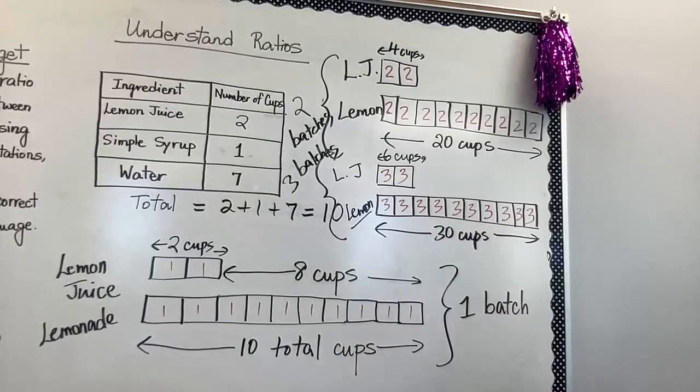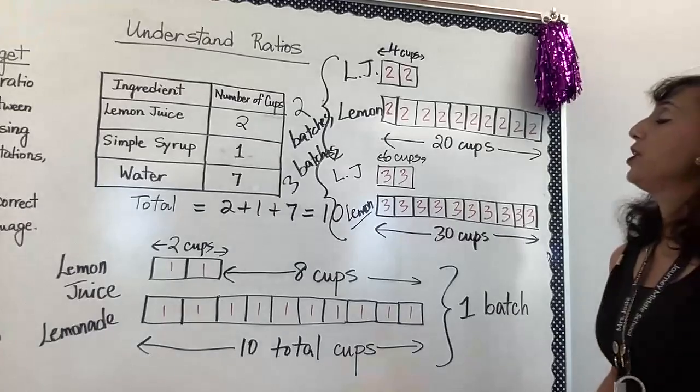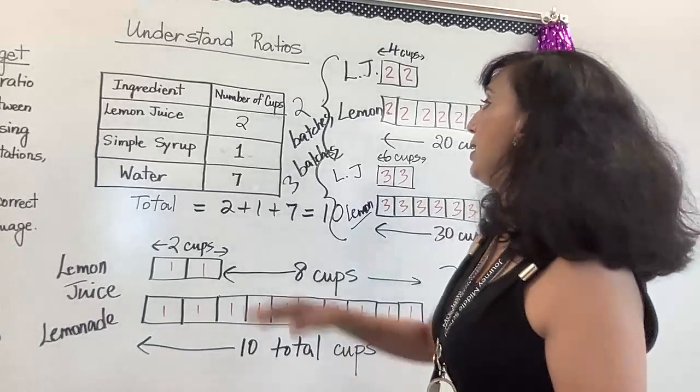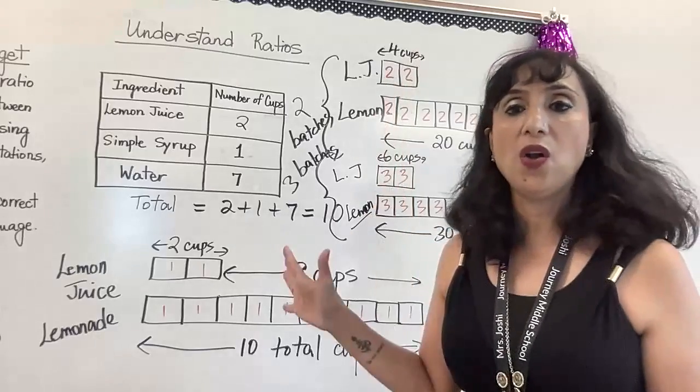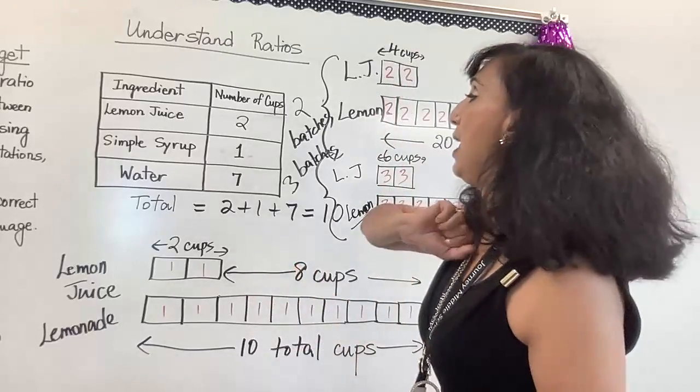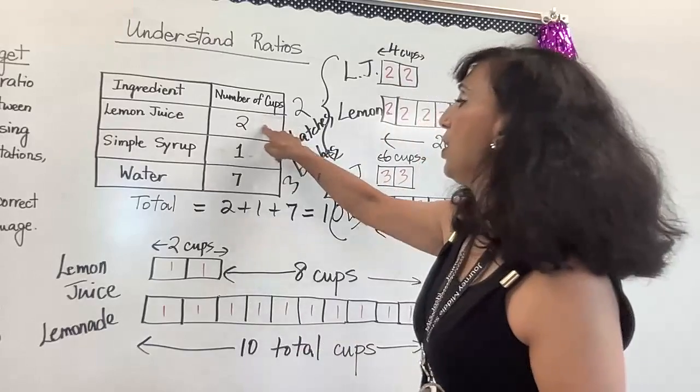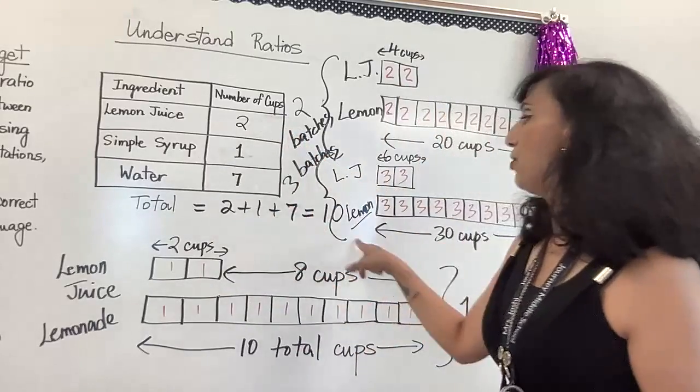So, part to whole. Again, a part to whole ratio compares one part of a group to the whole group. So this is a part to whole recipe, because I am comparing the lemon juice to the total amount over here.